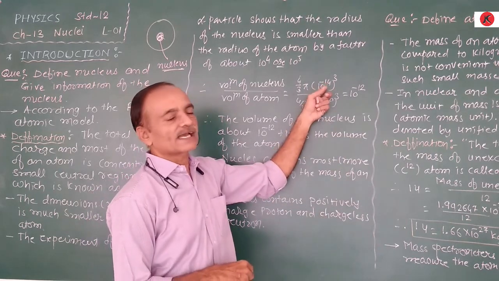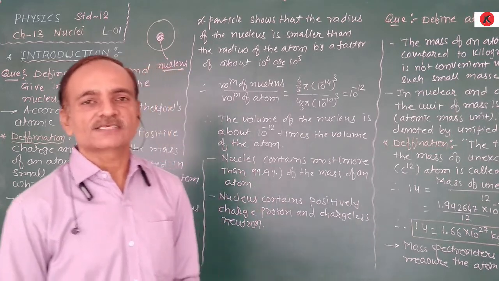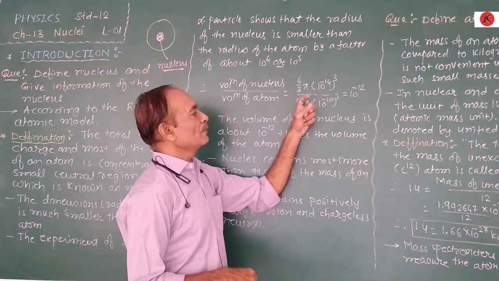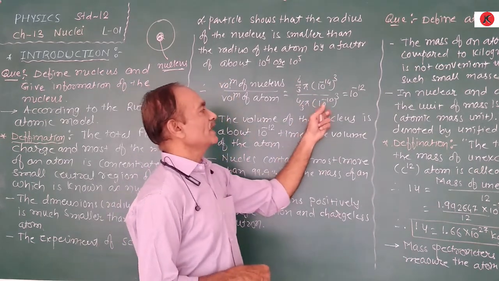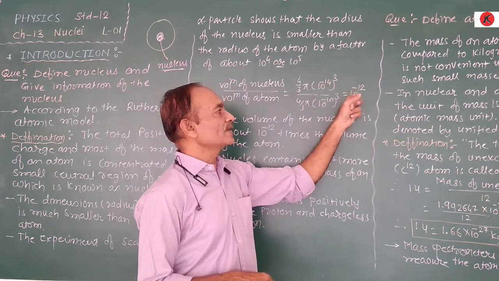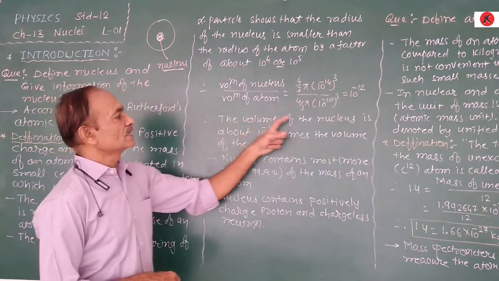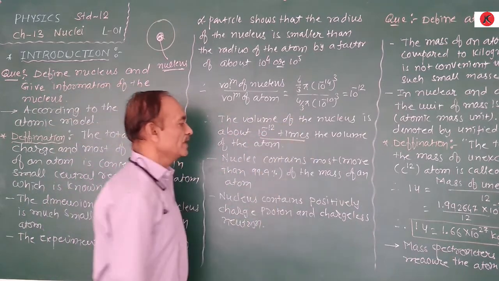For that purpose, I consider here the radius of the nucleus to be about 10⁻⁴ meter, whole cubed, divided by 4/3 pi times the radius of an atom, on the order of 10⁻¹⁰ cubed, therefore 10⁻¹². The volume of the nucleus is about 10⁻¹² times the volume of an atom.